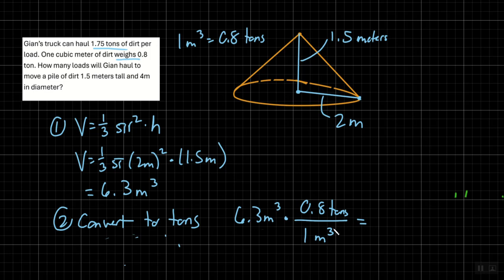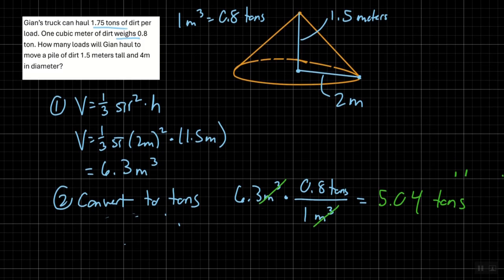Raylene, the meters cubed right here, they cross out. They disappear. So then I'm just left with tons. That's how we get tons. So what is 6.3 times 0.8? Not divided by. Yep, 5.04 tons. Okay, that's how many tons is all my dirt.